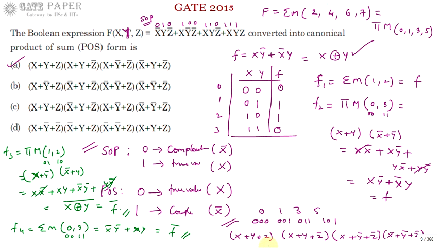Otherwise you can get the complement of the expression by writing the SOP of minterms with logic 0 in the output column, or the POS expression with max terms with logic 1 in the output column. So you can get the complement expression as well as the true expression, in either SOP or POS form, from the given truth table. Okay, thank you.